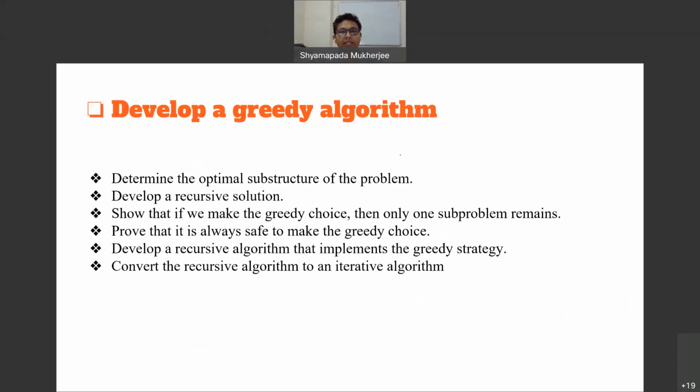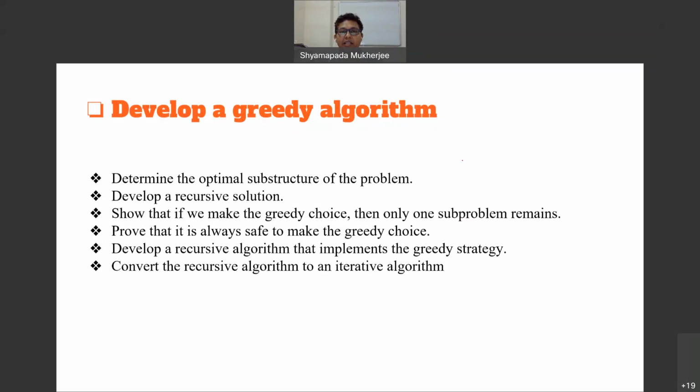These are the steps we need to follow to develop a greedy algorithm for a problem which we want to solve using greedy algorithm. First, we need to determine the optimal substructure of the problem. It is similar to dynamic programming: the characterization of the optimal substructure of an optimal solution, and then develop a recursive solution.